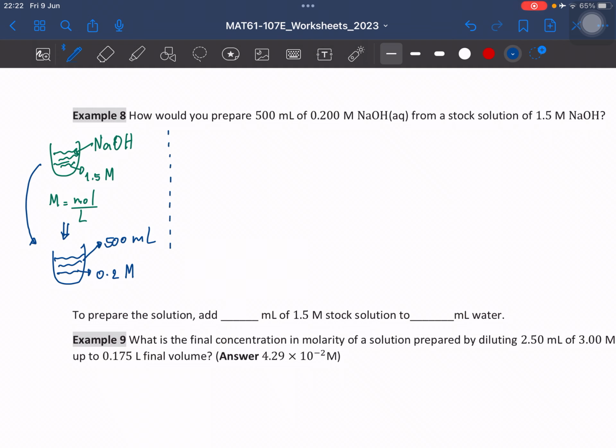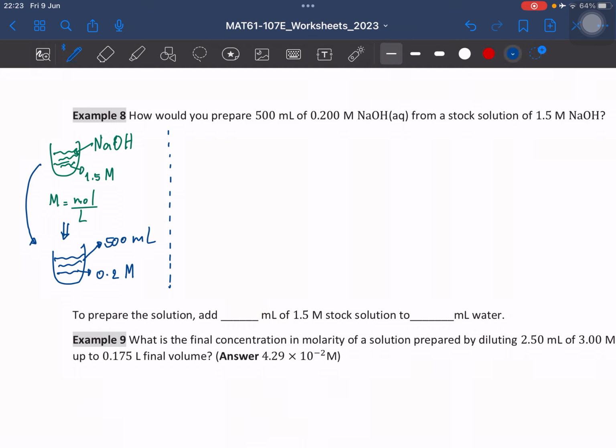So the question is, if you want to prepare this solution, how much do you have to take from this box to this box, and how much water do you have to add inside here, because you want the whole solution to be 500 milliliters.